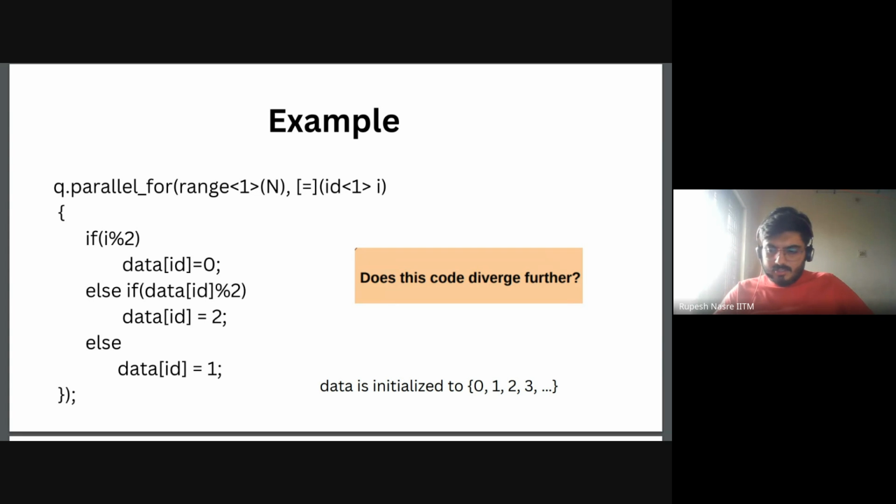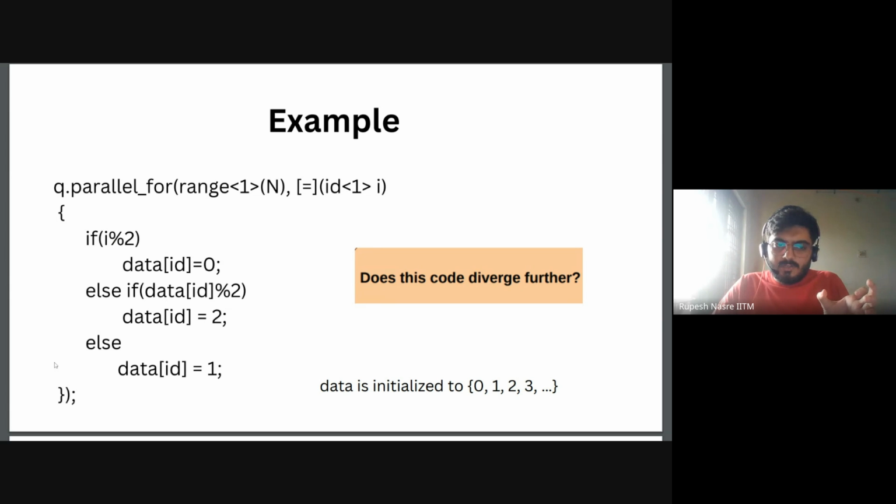Let's consider the example of only eight threads. Eight threads will come here. All the odd threads want to execute this, and it doesn't matter about this if-else statement. Now only the even threads remain.